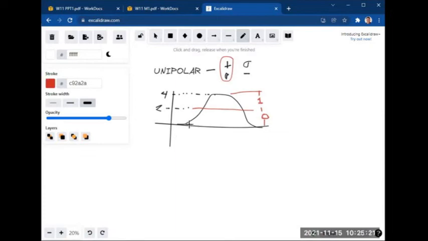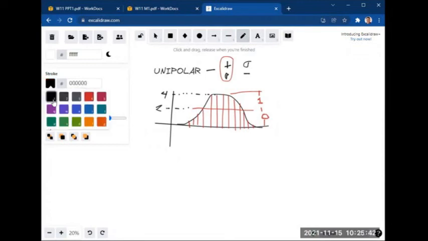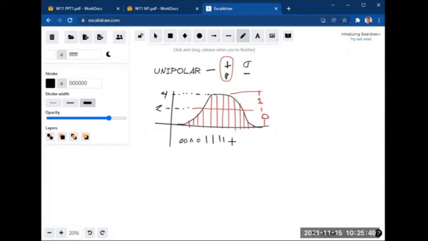So if we sample this signal, for example, we have this division of time. Let's say this is 0.1 seconds, so 0.1, 0.2, 0.3, 0.4, and so on. If we write the signal in digital form, this will be 0, 0, 0, 0, 1, 1, 1, 1, 1, 1, 1, 0, 0, 0.